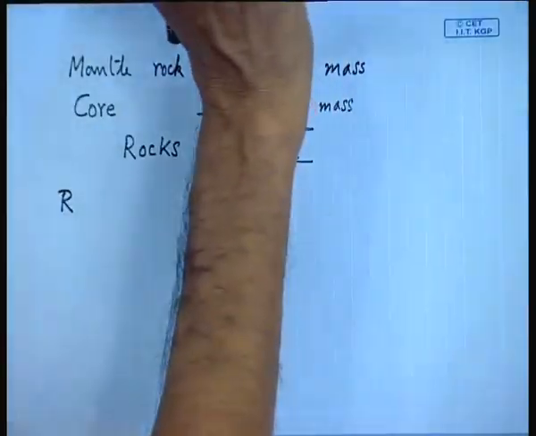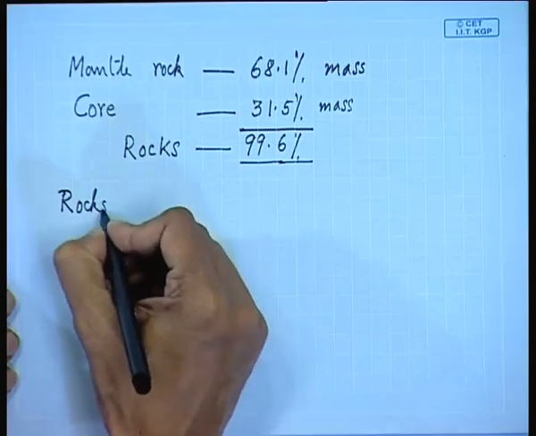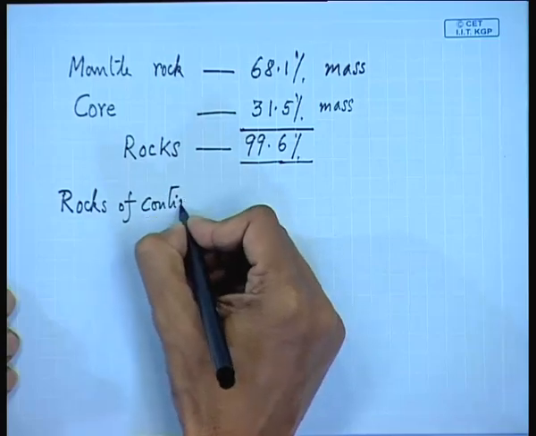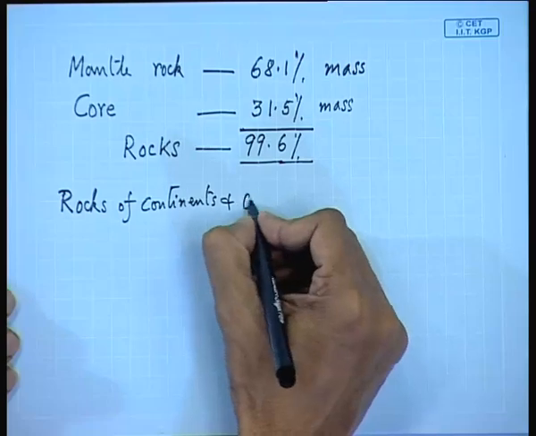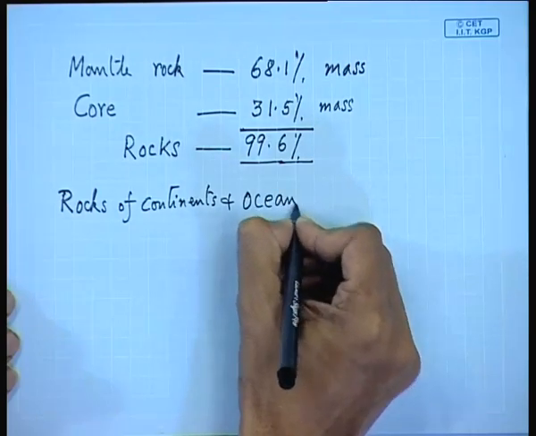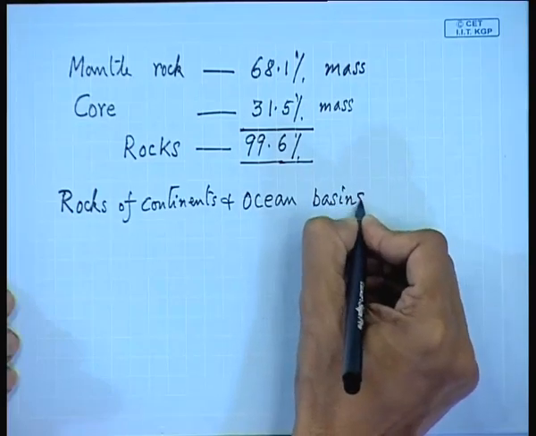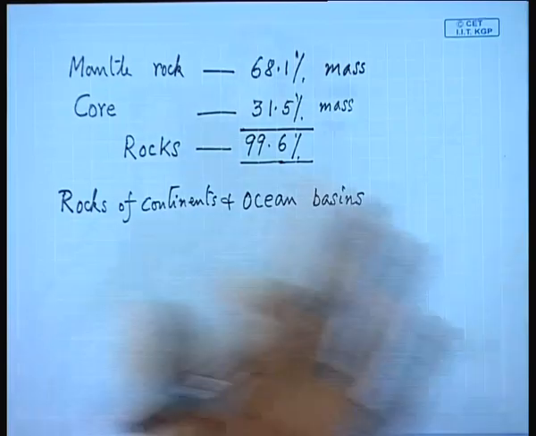Now, see this together. So, we can write that rocks of continents and ocean basins. Now, basin means it is the lowest part of the ocean, that is the horizontal plane right at the bottom of the ocean, on the sea floor or ocean floor.